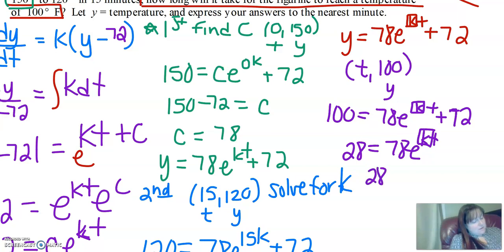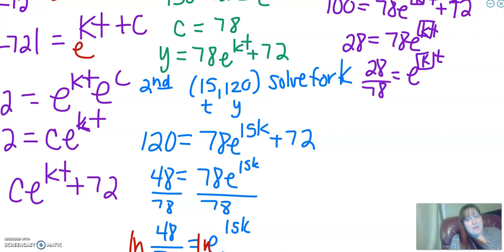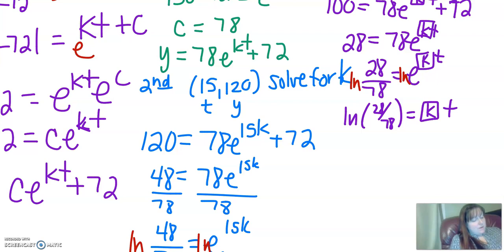So that's 28 over 78 equals e to the kt. And then I'm going to do ln of both sides, so I end up with ln of 28 over 78 equals k times t. And then I just divide both sides by k.